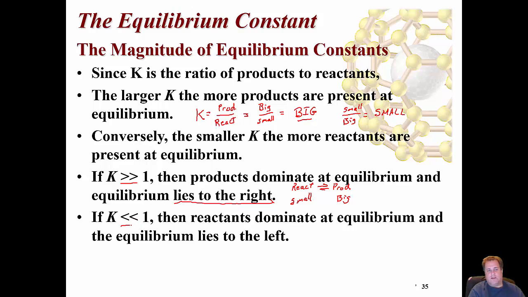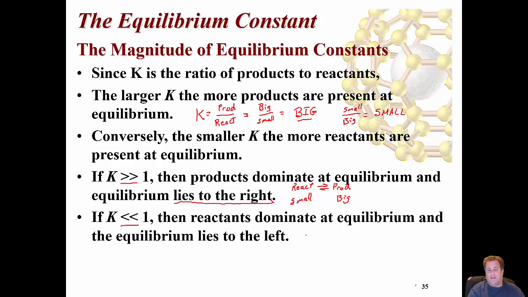Likewise, this means much less than 1. Maybe that's 0.1. So we don't really have an exact cutoff, but that's kind of where we start. So again, if it's small, that means, coming back up here, that there must be a small amount of product compared to the amount of reactants.